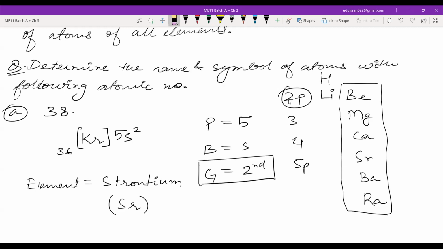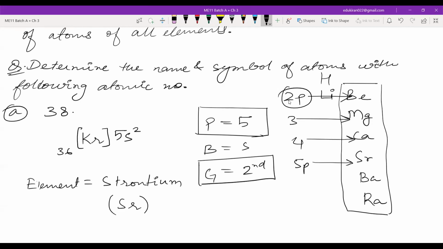Now, that element is also lying in the 5th period, correct? In the 2nd period, group 2 is beryllium. In the 3rd period, it is Mg. In the 4th period, it is calcium. And in the 5th period of group 2 is strontium. So the element will be strontium. Got it?